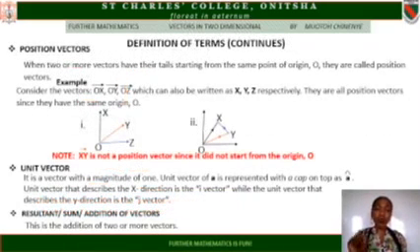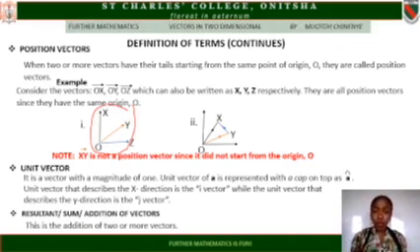Next aspect is the position vector. A position vector is a vector that has the same origin. When two or more vectors share the same origin, O, they are called position vectors. For example, vector OX, which moves from O to X, is the same thing as vector X. Vector OY is the same thing as vector Y, and vector OZ is also the same as vector Z. You see that these vectors all started at a particular point, which is point O, the origin.